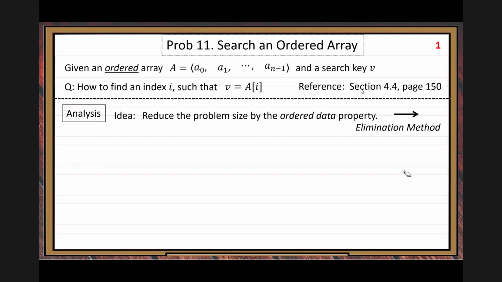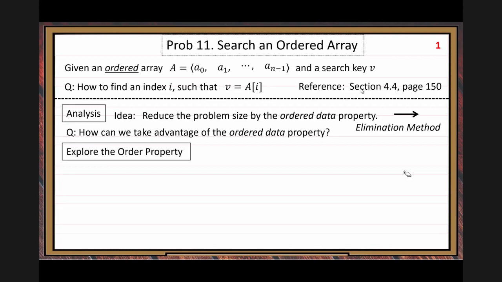If we can do that, then we can get the best solution. That means the minimum number of comparisons for the worst case. That is our goal.